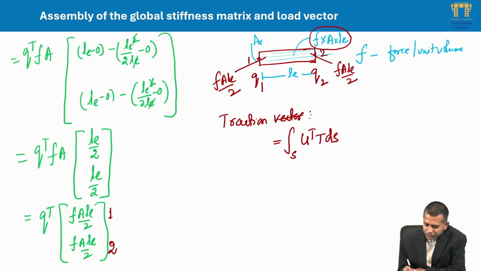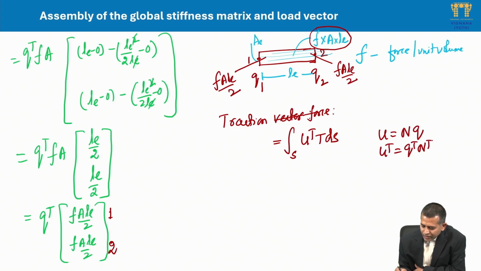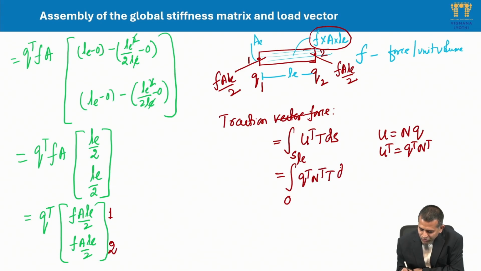Same, you can write it, U is nothing but N into Q. So U transpose will be Q transpose into N transpose, right? And since here it is one dimensional, you can convert this ds into the direction of linear x. So that will be 0 to LE. So this will be Q transpose into N transpose into T into dx, right?